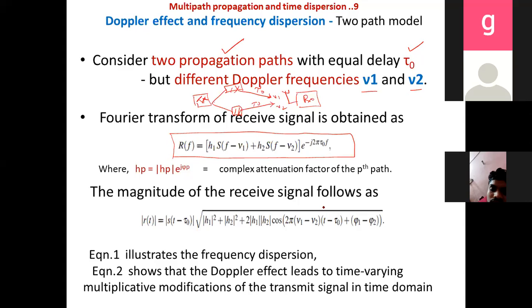And again, this H term involves the complex attenuation factor, the amplitude term and phase term. The magnitude of the received signal, you can see here, this is the magnitude term. Earlier version you have seen, this is the magnitude. So this equation 1 represents the frequency dispersion.